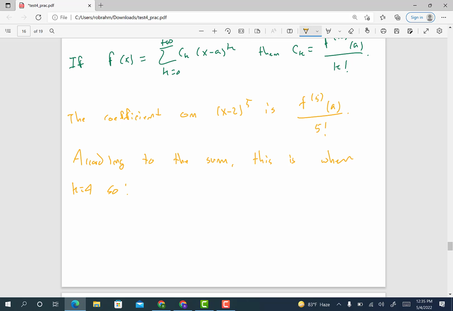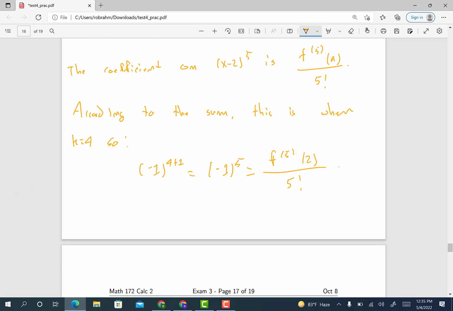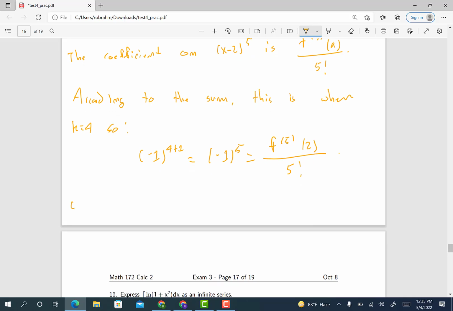So the coefficient is (−1)^(4+1), which is equal to (−1)^5. And using this fact here, this is equal to the fifth derivative of f evaluated at 2 over 5 factorial. So now I just want to solve this for the derivative.